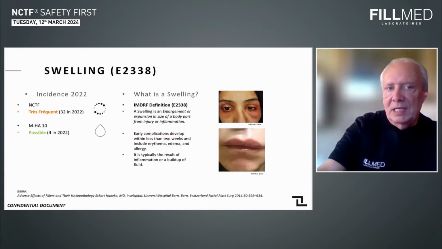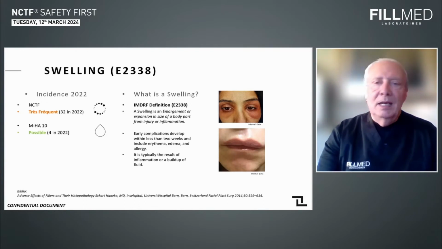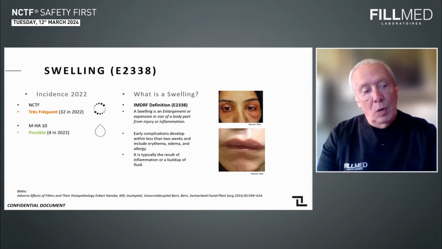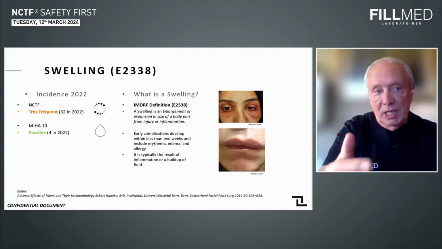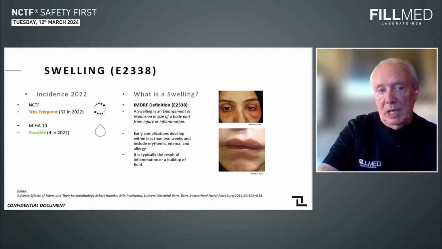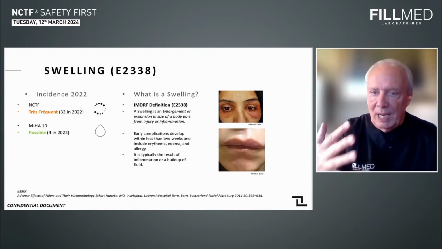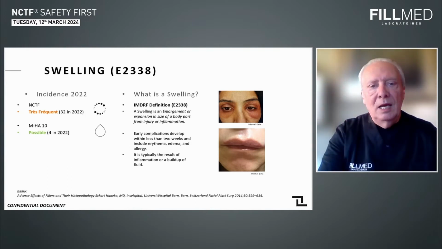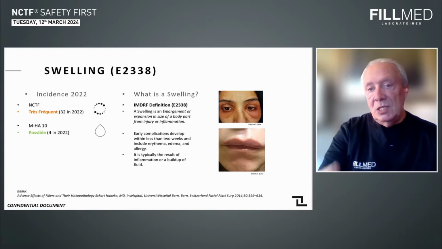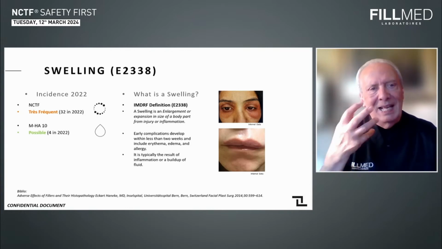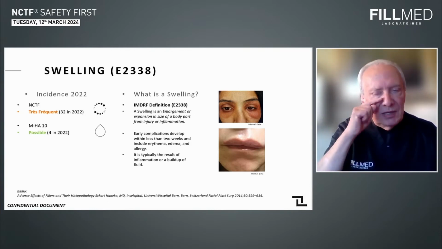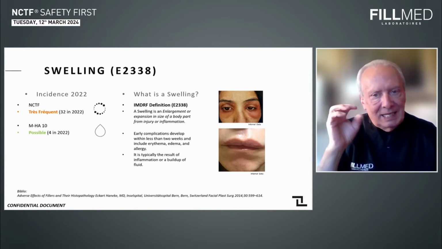Then this is the first, swelling. Swelling can, of course, happen, and the incidence was 32 cases in 22, for us very frequent. It is an early complication, but swelling is related to the technique quite always.